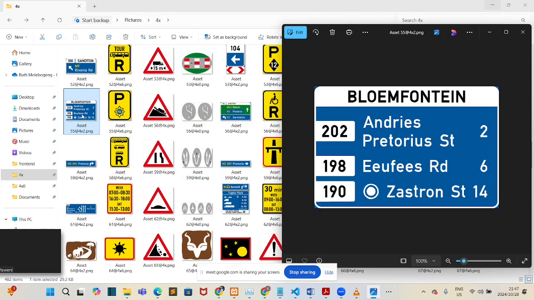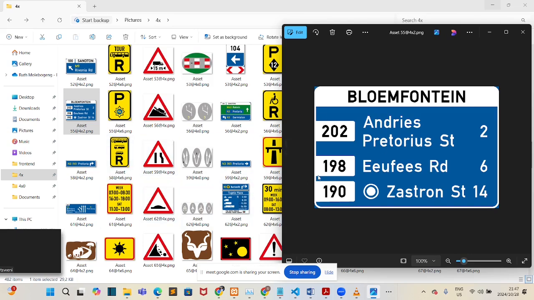C, the fees payable at each toll plaza on this road. It's A, right? So these are your exit sequence signs, indicating different exits. You see on the left we have different exit numbers with different streets, but all of them lead to Bloemfontein. So A is correct: to indicate in good time exits that are close together, all leading to the same town.